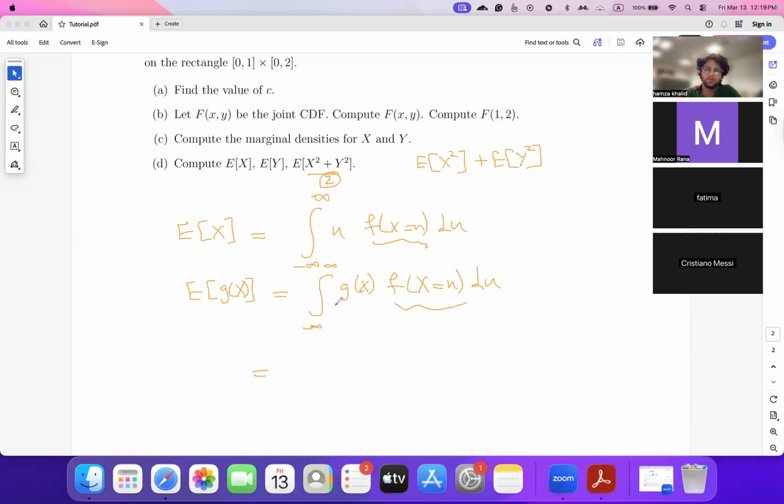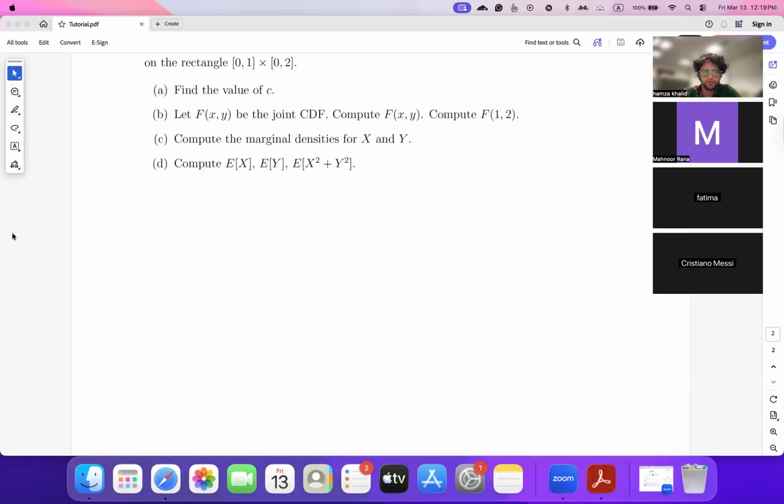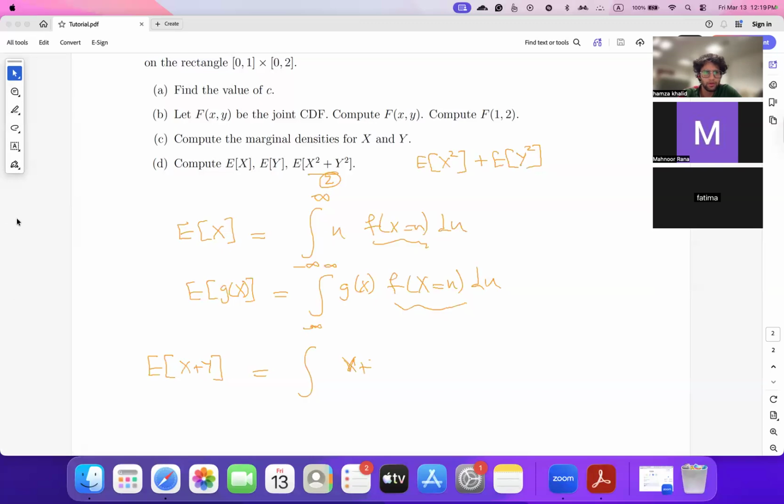So if I extend this similar definition to an expectation of, let's say, two random variables, x plus y, now I need to have the joint probability density function.